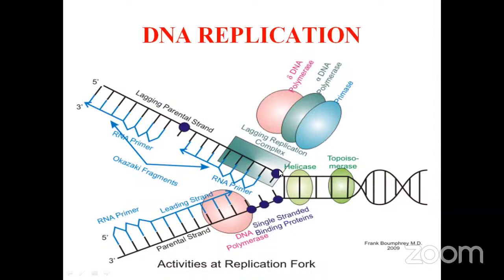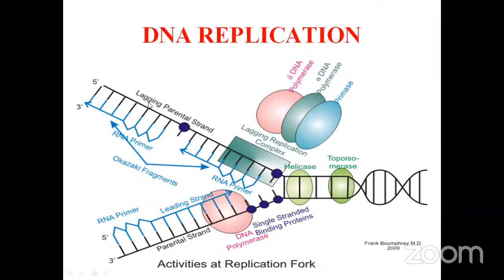Next enzyme, already told you, primase, DNA primase, which synthesizes the RNA primer. This is the RNA primer. For example, this is 5' to 3' and this is 3' to 5', and this strand, this parental one, the two black color parental strands.